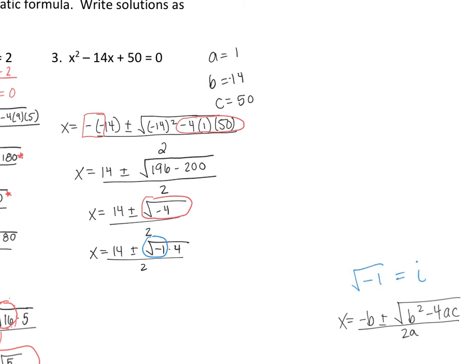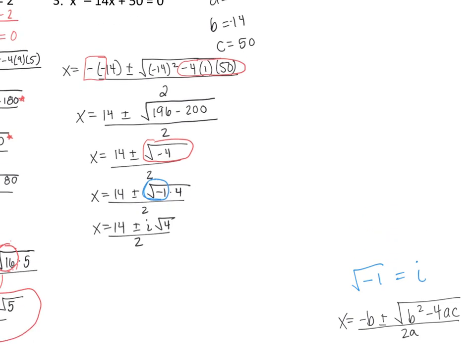So when I have a -1 under the square root, what I can do is pull out an i. And now I'm just left with the square root of +4. And I know that the square root of +4, because 4 is a perfect square, is just 2. So x equals 14 plus or minus 2i, all over 2.